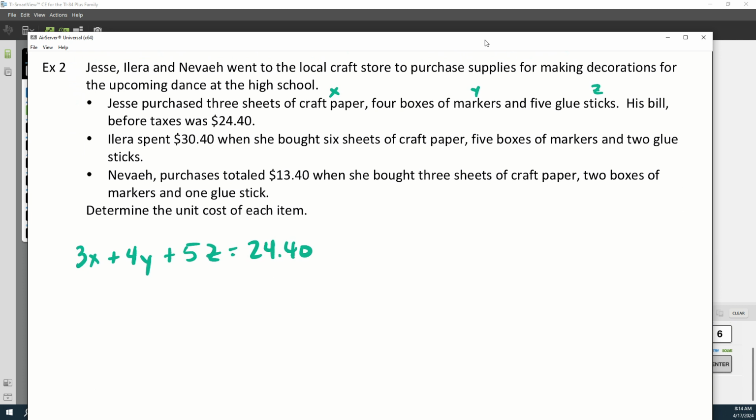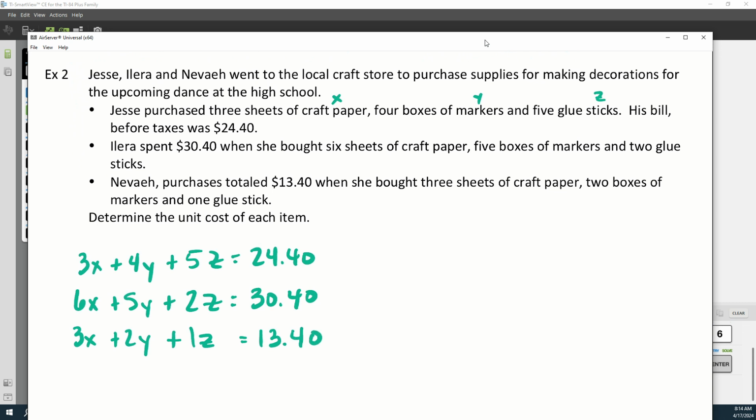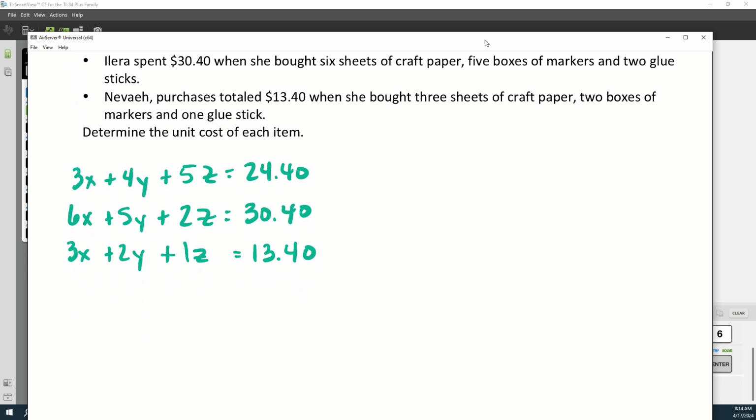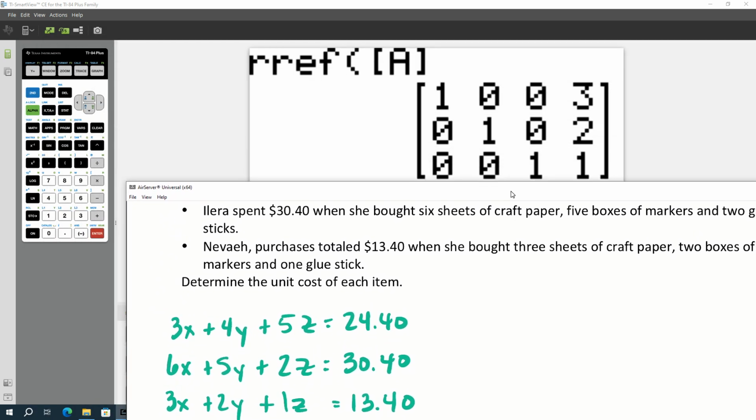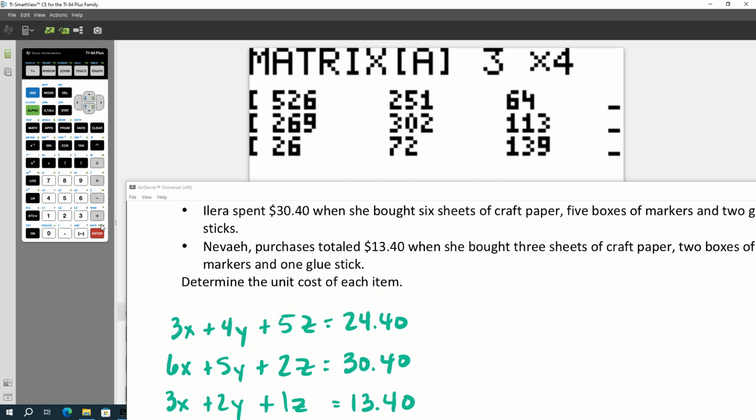Now you go ahead and do the same thing for Alara and Nevaeh. All right, now I'm just going to put this into our matrix.